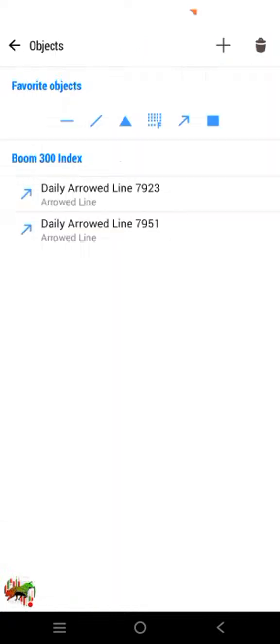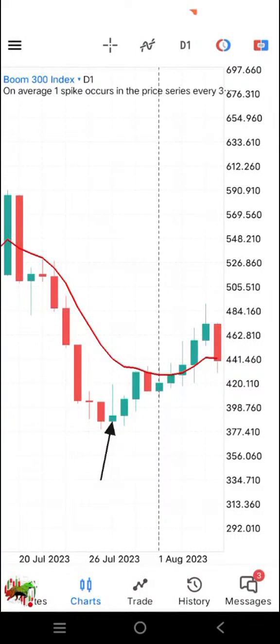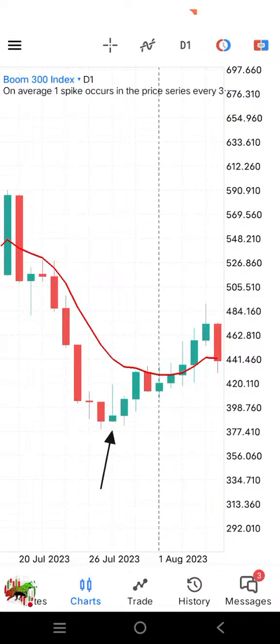Here you see somewhere on the bottom there is a hammer candlestick pattern. But valid. Why? Because there is a little wick in front of its body.